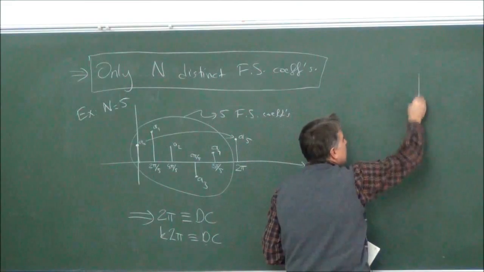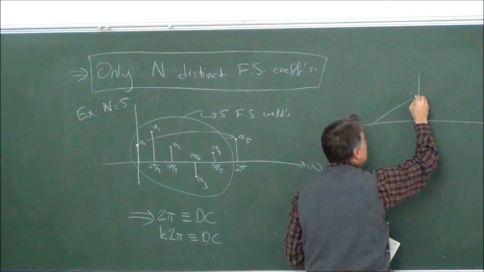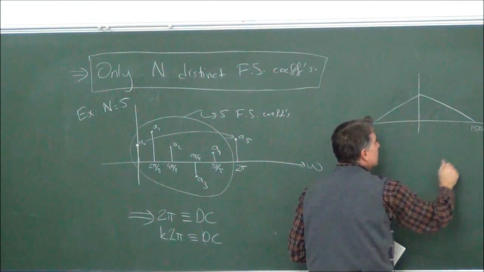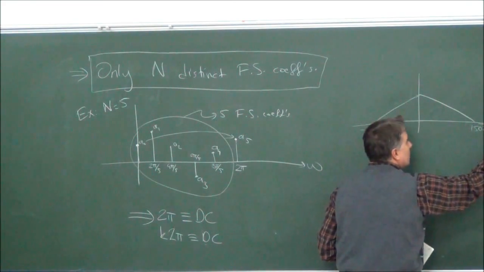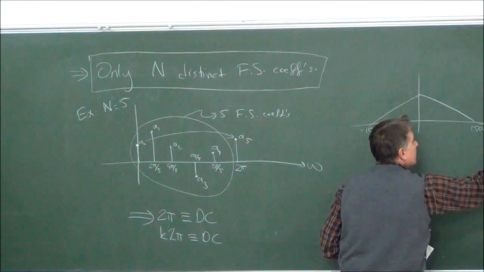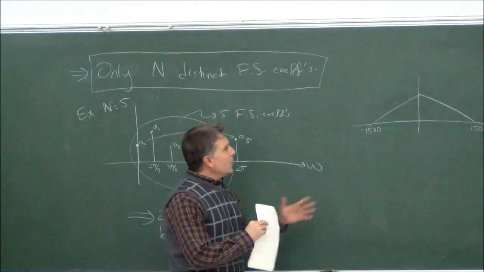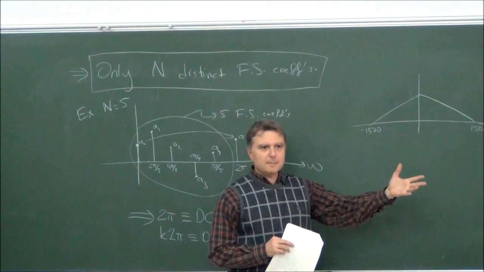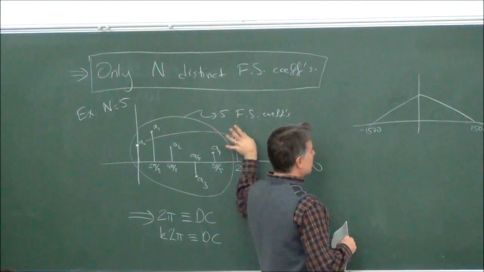For example, in continuous time, in the quiz question, I gave you this shape. And I said, this is 1500 hertz, this is minus 1500 hertz. What is the DC here? DC is 0 frequency. What is the highest frequency? The highest frequency is infinity, here or here.